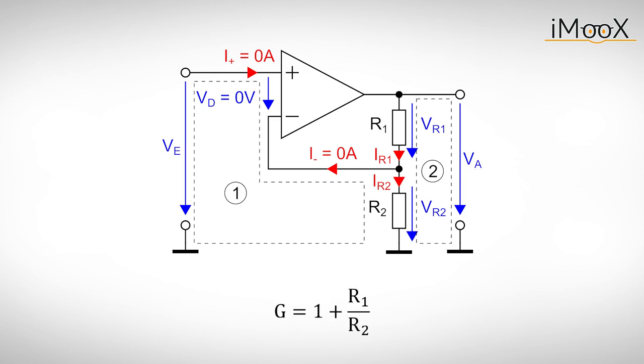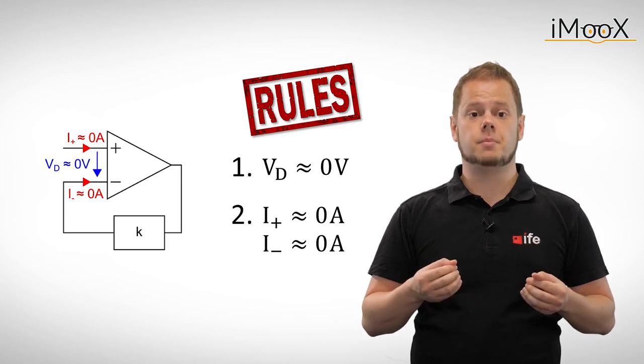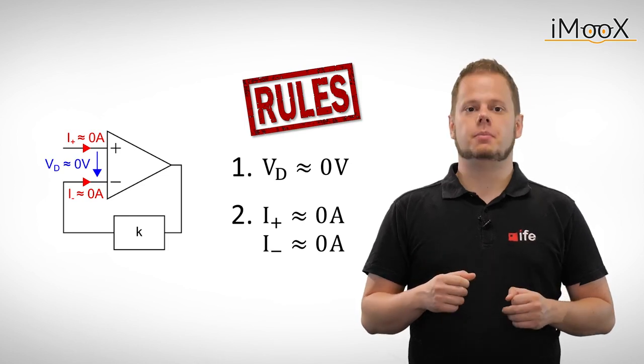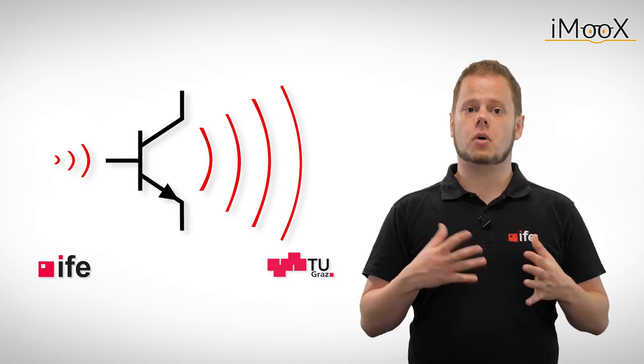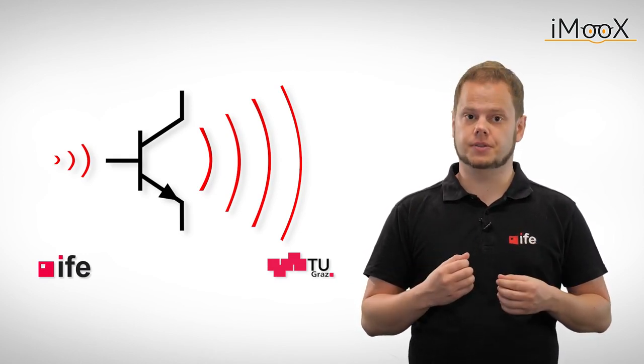This means the amplifier has a gain G equals 1 plus R1 over R2. By applying the two rules, any circuit involving an operational amplifier with negative feedback can be solved easily. By using components other than resistors in the circuit, more complex operations can be implemented than just a simple amplification.